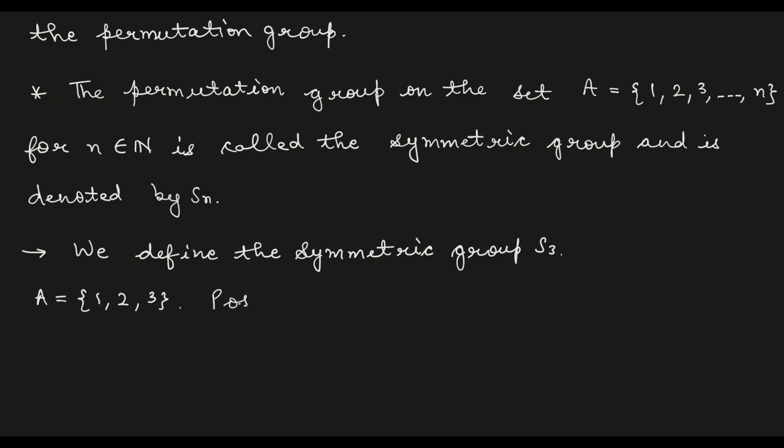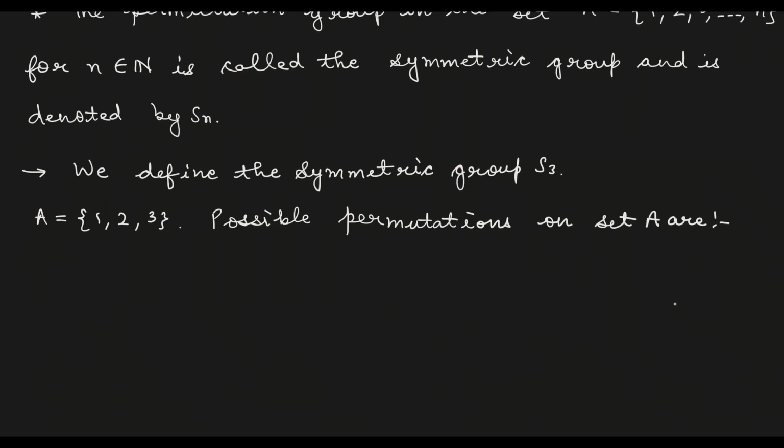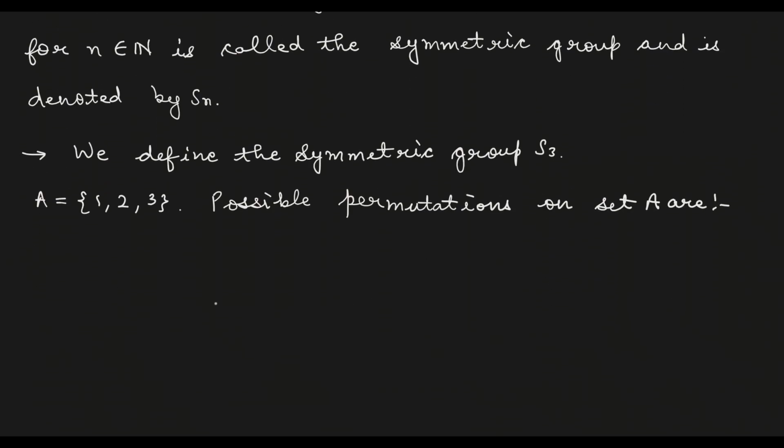The possible permutations on set A are, it should be both 1-1 and onto. One possibility is 1 is mapped to 1, 2 is mapped to 2, 3 is mapped to 3.